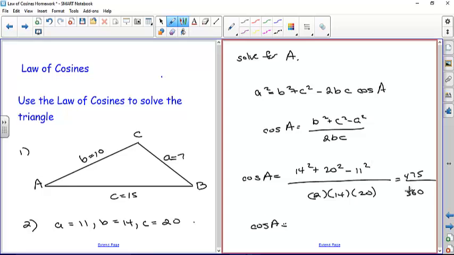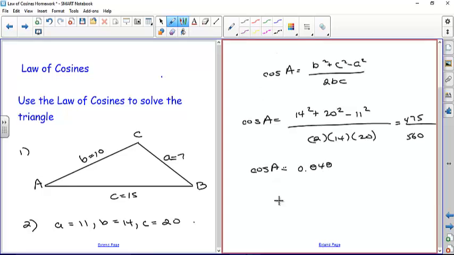So 475 divided by 560 is 0.848. So A is the inverse cosine, and the answer is 31.98. I'll say it's 32.0 degrees.